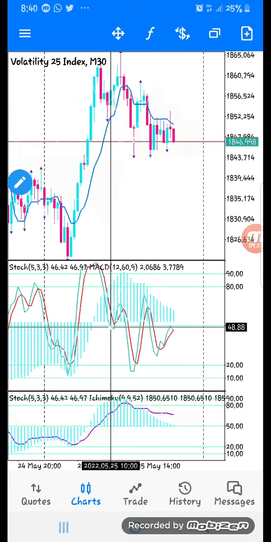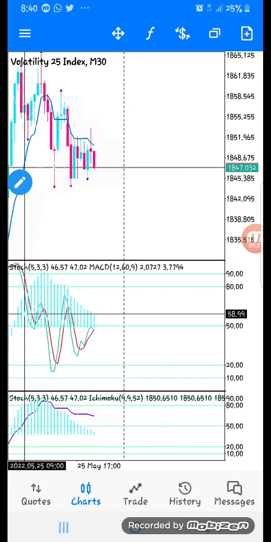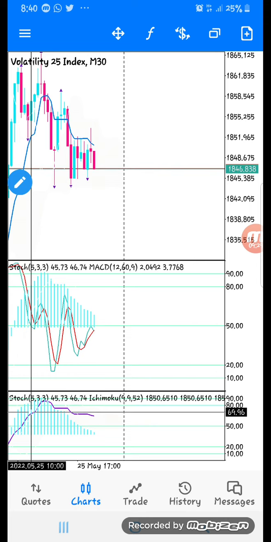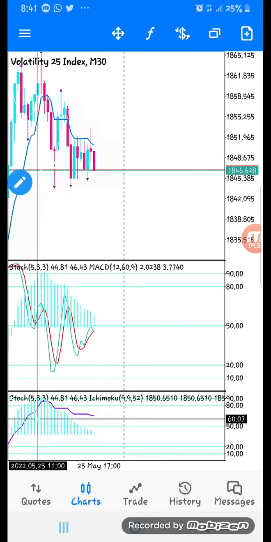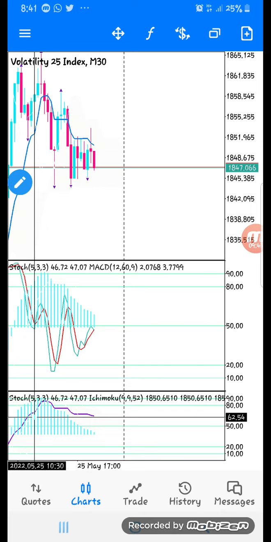like this, and when you see that crossover, make sure that your Ichimoku in indicator window 2 has not gotten to level 90. It's not close to level 90. If it's gotten to level 90, you avoid the trade.